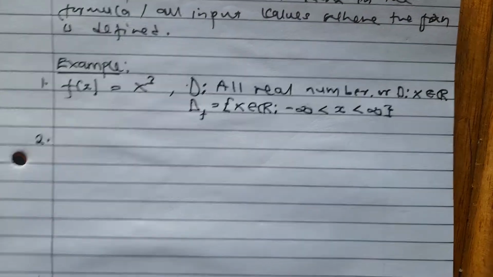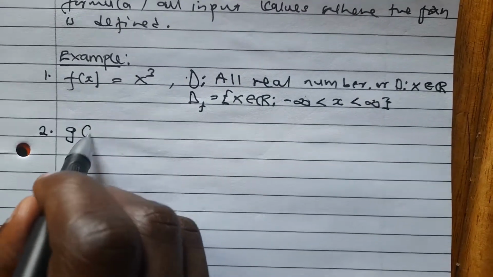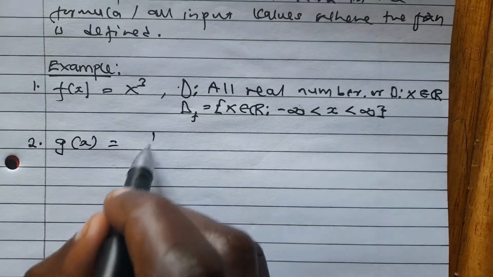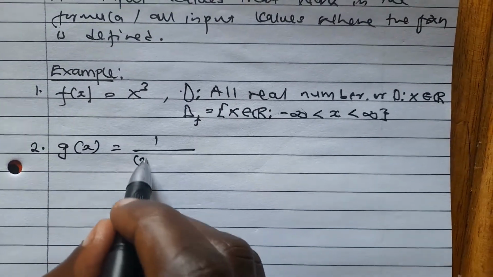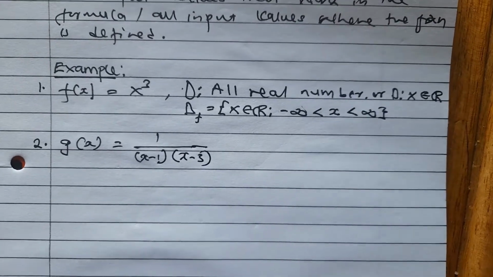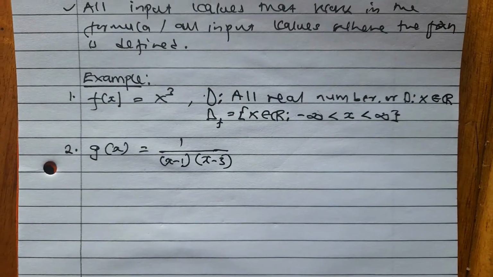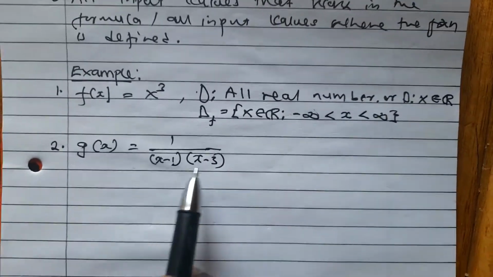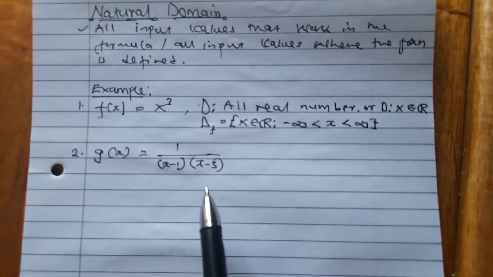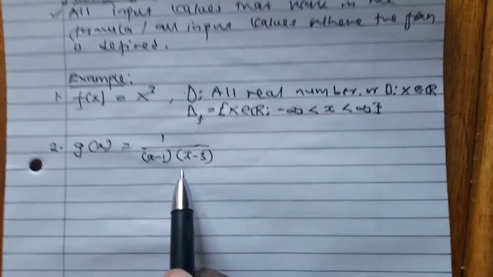Let's have another function, a rational function. For this case, g of x is equal to 1 over (x minus 1)(x minus 3). What is the domain of this function?